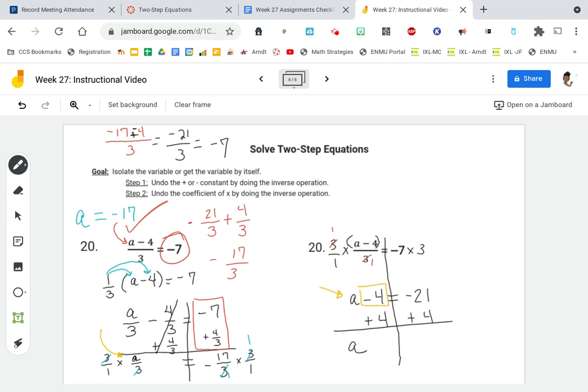So I'm going to bring down that a. Negative 4 plus 4 is 0. Now, be careful with this part right here. So I have negative 21 plus 4. A negative 21 plus 4 is a negative 17. And that is our answer.